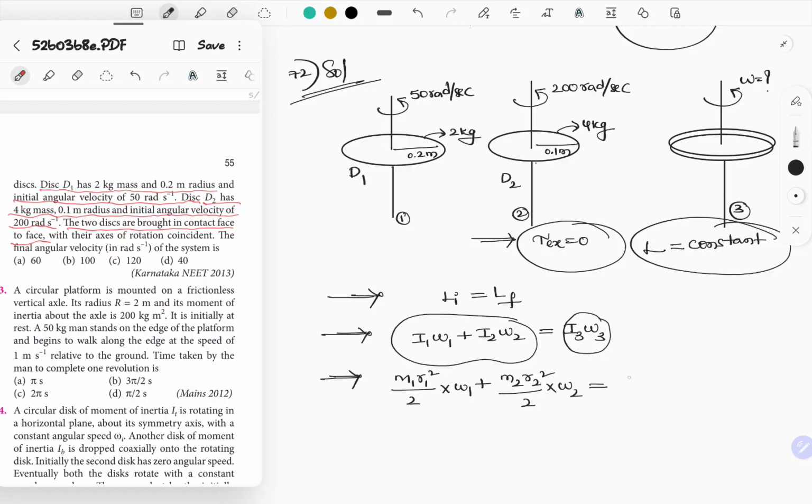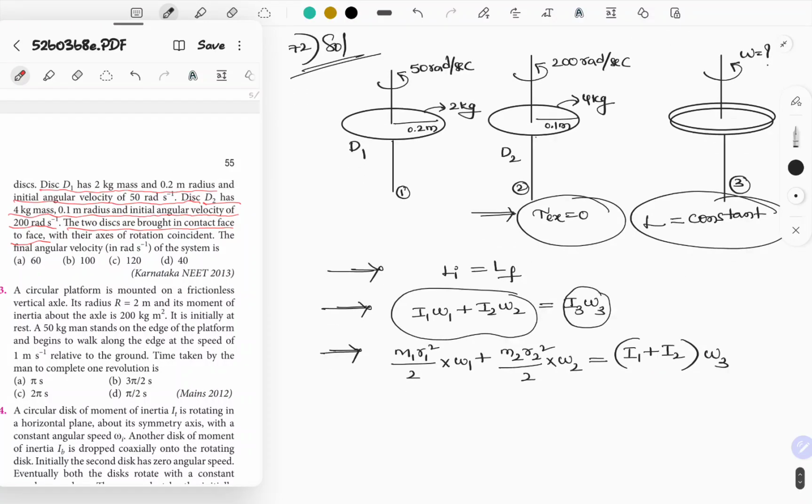Later I will substitute the values. I3 is nothing but I1 plus I2 into omega 3. Because we are adding two disks, that's the reason moment of inertia of the system increases, which is equal to I1 plus I2.